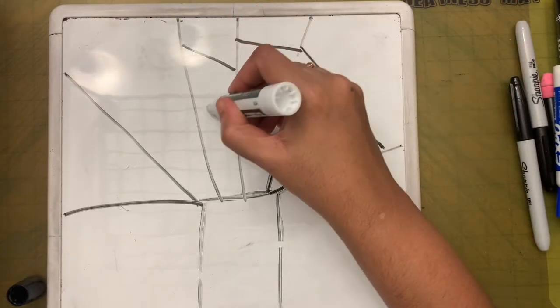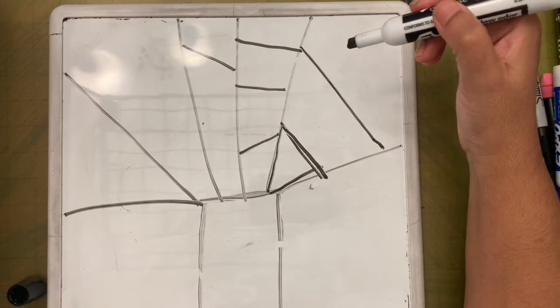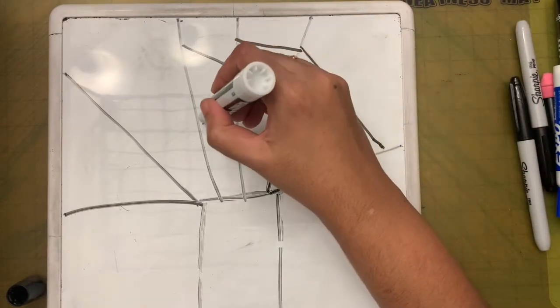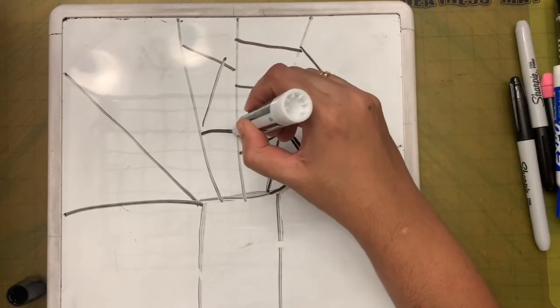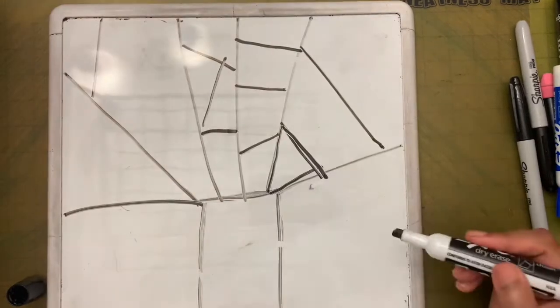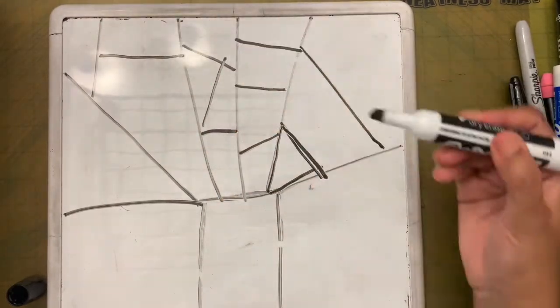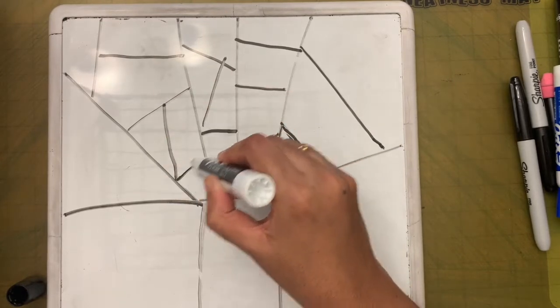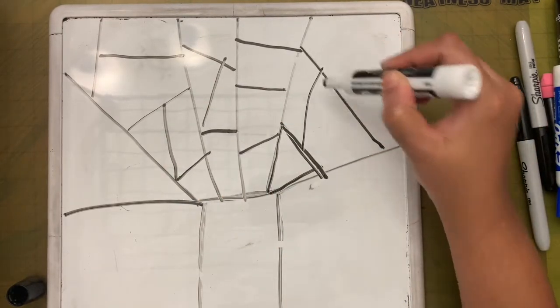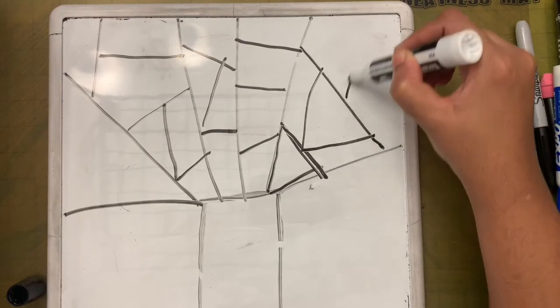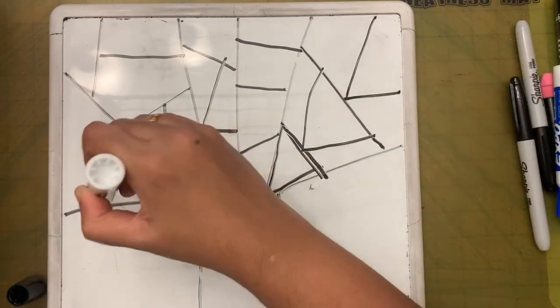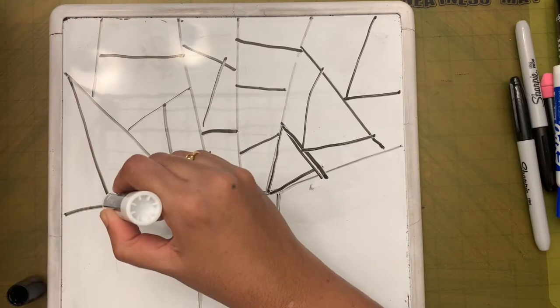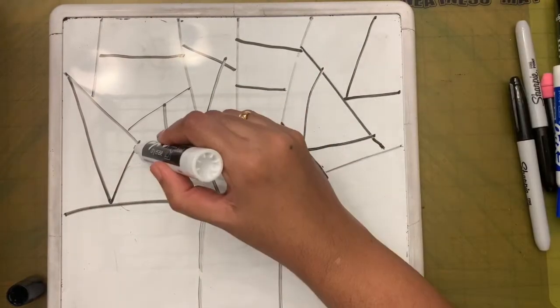All the lines are not going to be in the same direction. I'm just making the lines. One is going this way, the next one comes this way. Keep making straight lines, but in different directions. Whatever direction you feel like, go ahead and make the line.